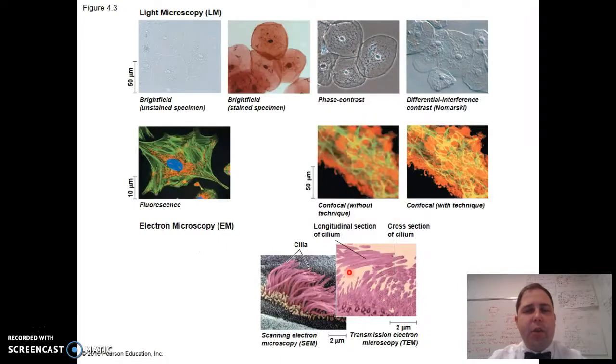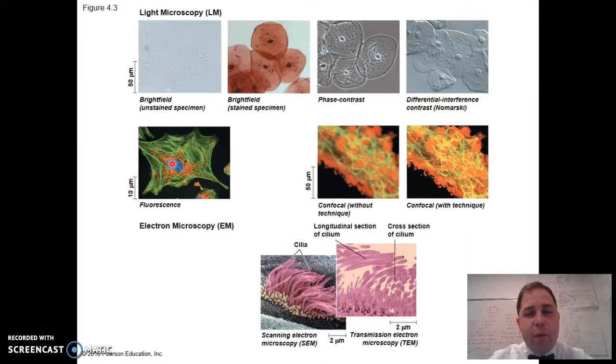This slide just shows you a bunch of different samples of microscopy. Light microscopy up here on top. This should look like the types of things that you saw in class. Fluorescent microscopy we touched on briefly. That just allows you to visualize specific structures within a cell. So it's important to note that in fluorescent microscopy the green is one protein, the red is another protein, and the blue is a third.